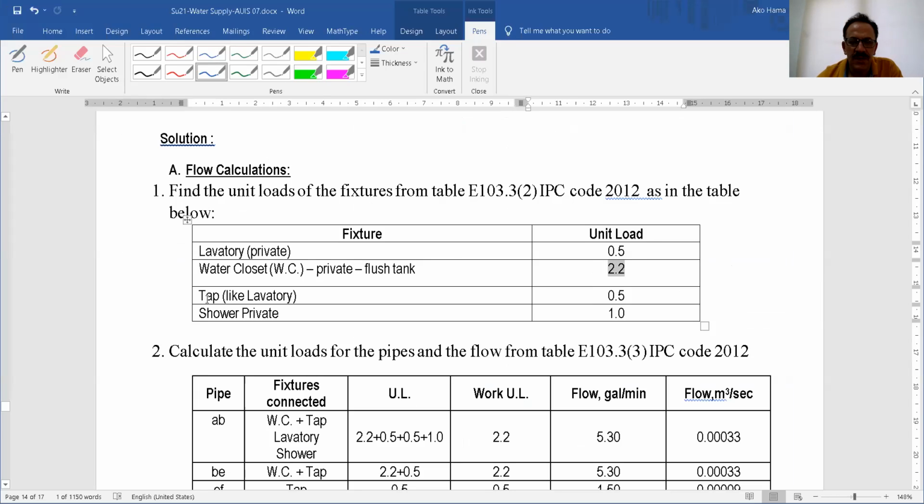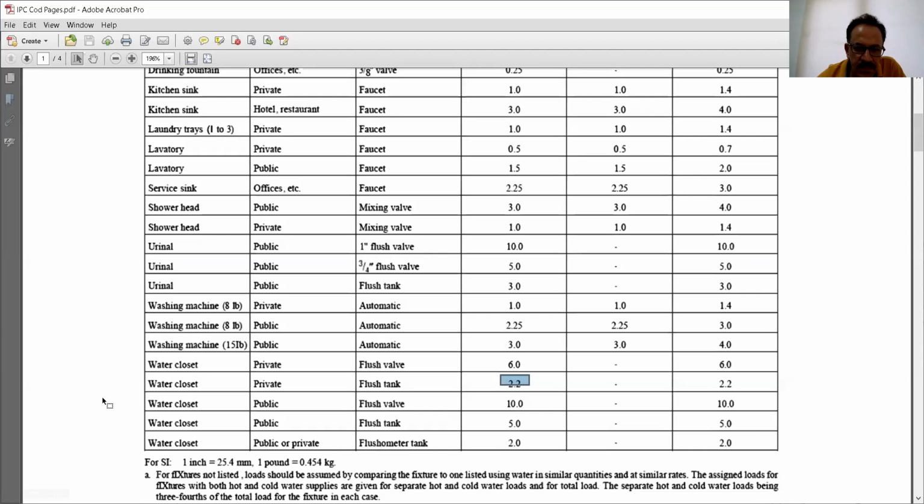And you can see for the tap, you have to take it as a lavatory only. So it's also 0.5. And the shower, it will be private shower, and it will be equal to 1. Here's the private shower. Shower head, private, it will be 1.